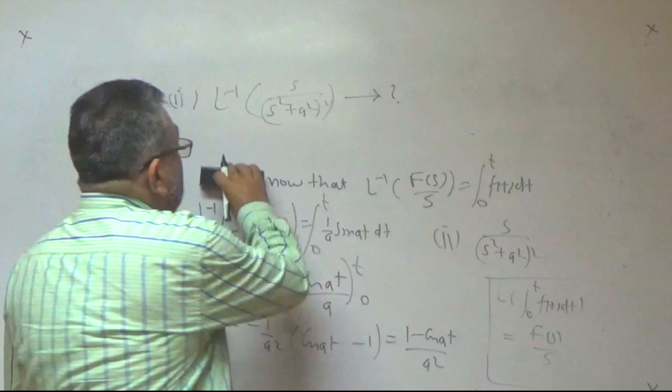Laplace transform of phi t is equal to the integral u equal to 0 to infinity f of u, and in brackets w equal to 0 to infinity e to the power minus s, in place of t, that is u plus w, and this is g of w, dw, and then du.